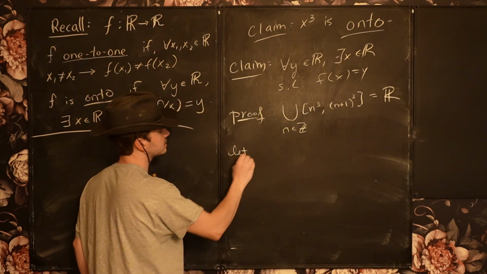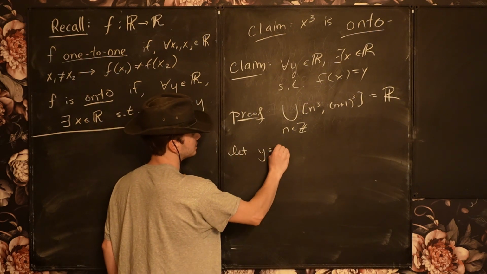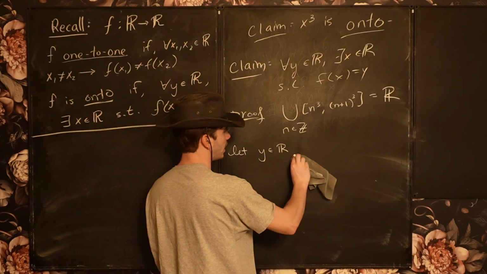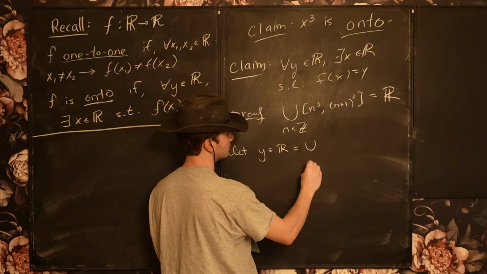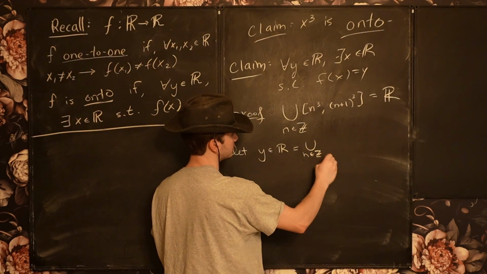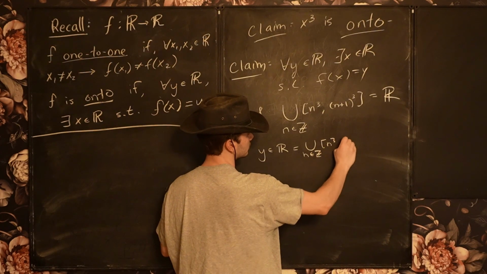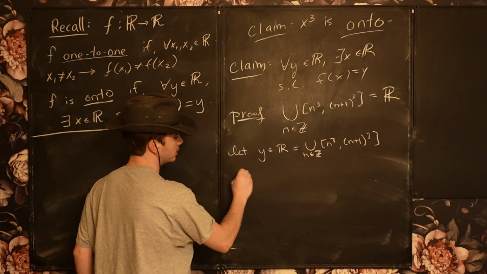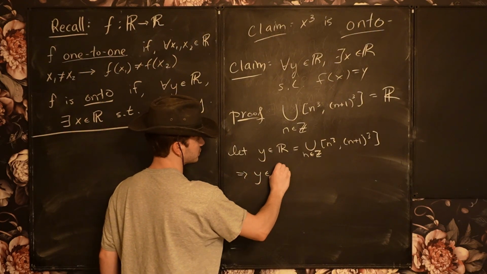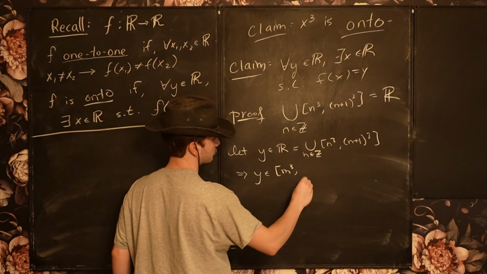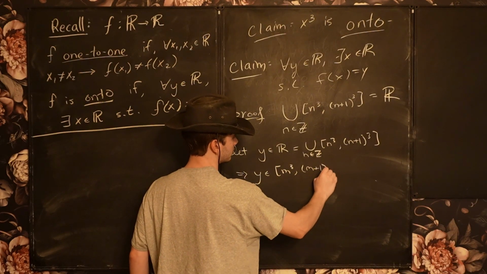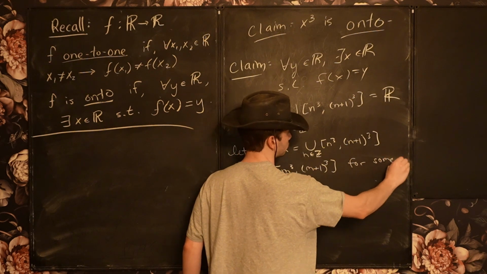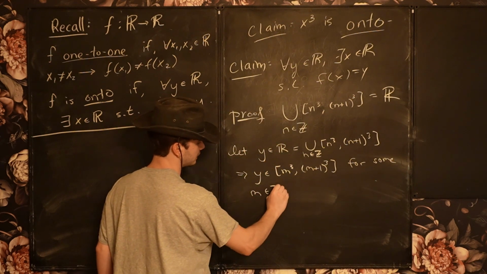So if I let y be any element of R, then y belongs to this union over the integers of these intervals, and therefore y belongs to some interval of the form m cubed to m plus 1 cubed, for some m in the integers.